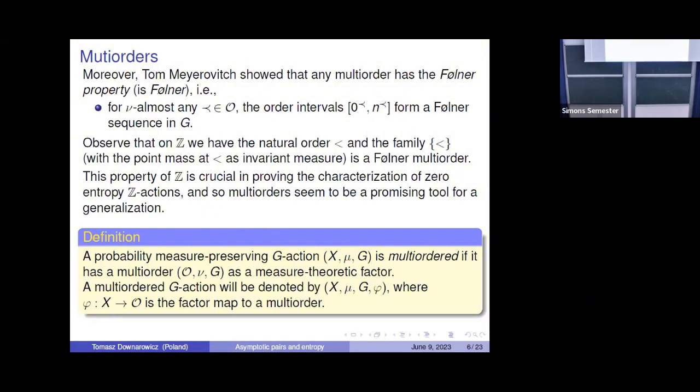This is nearly the same as the fact that any amenable group action is measure theoretically orbit equivalent to a Z action. So this is a parallel result. One can be derived from another. Okay, so for Z actions, every Z action is multi-ordered because the one-order is a trivial factor of everything.